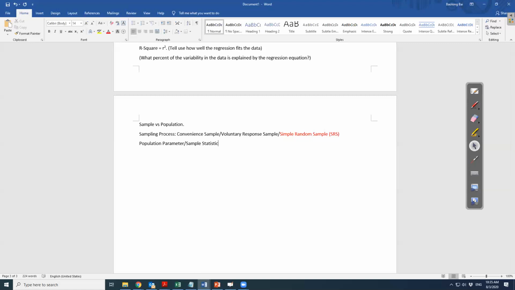So for all the values in statistics, there are two types of values. One is related to the population. We call that a parameter. The other is related to the sample. We call it a statistic. For example, if a number is referring to the population average, that's a parameter. If a value is referring to the sample average, that's a statistic. Simple enough, right?